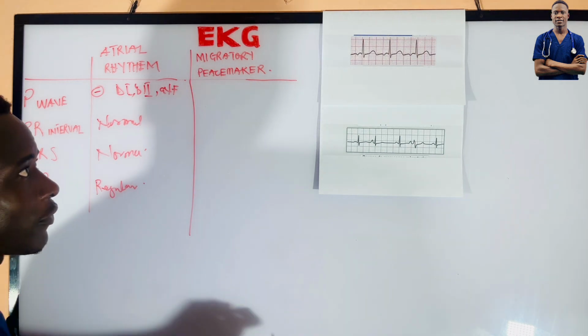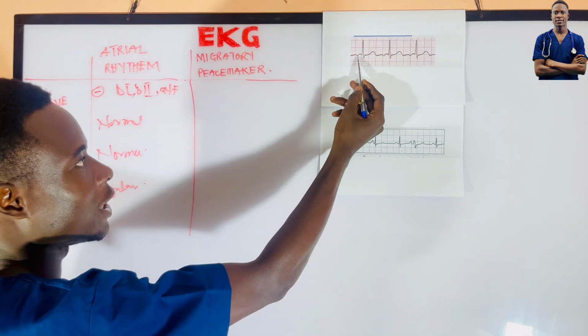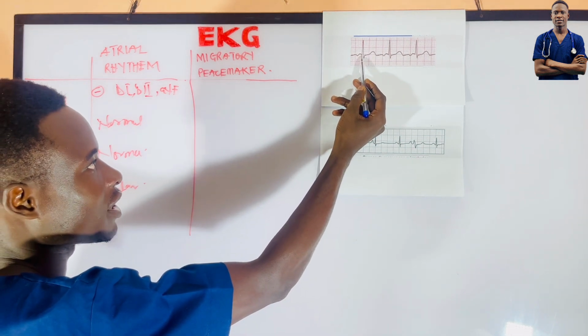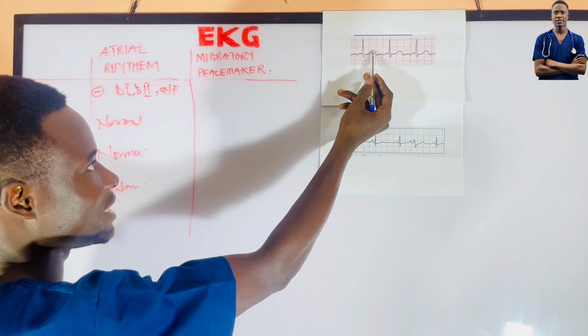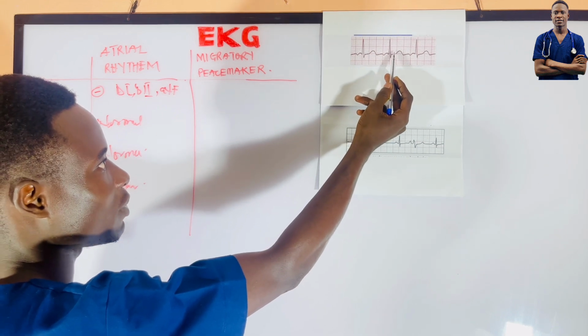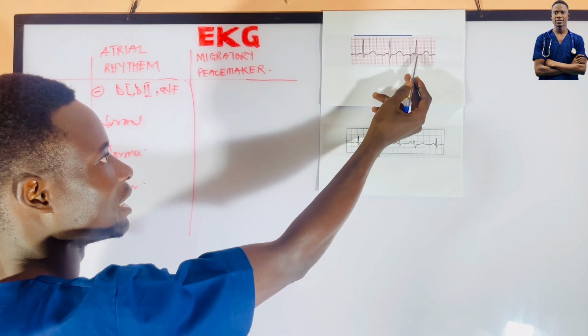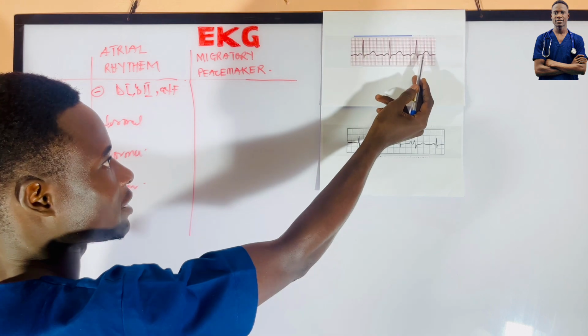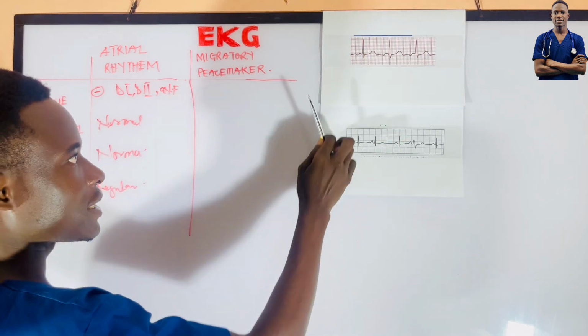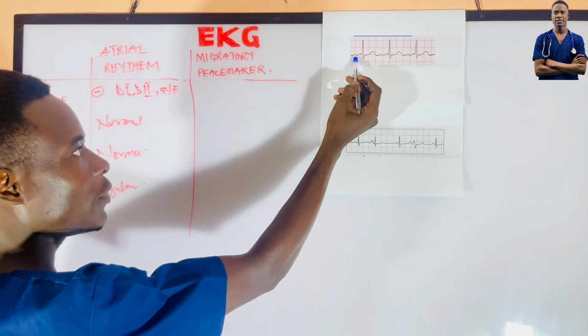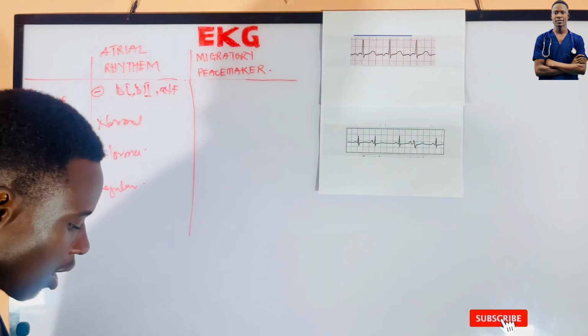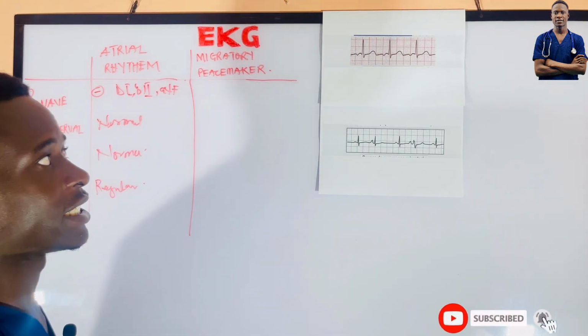If we take the graph, we have our P wave here, we have our QRS complex, our T, P, QRS complex, T, P, QRS complex. So with this, the P wave over here is negative. How can we know that it's negative?